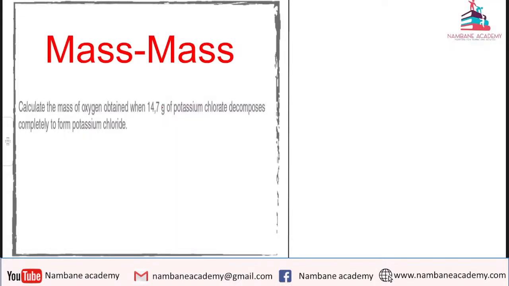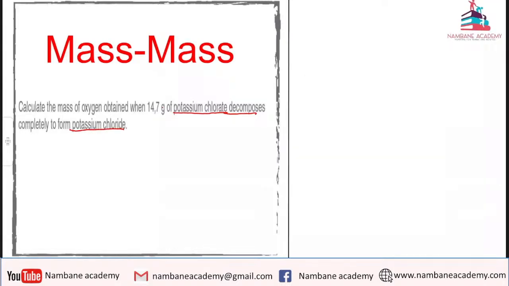What is tricky here is we need to have a balanced chemical equation. This is grade 10 work, to say what we have: potassium chlorate that decomposes completely to form potassium chloride.